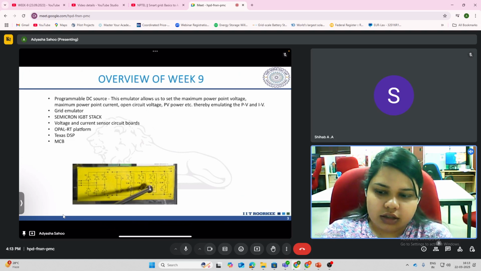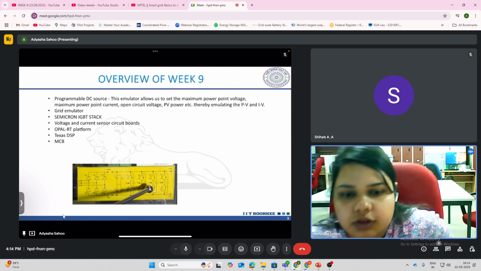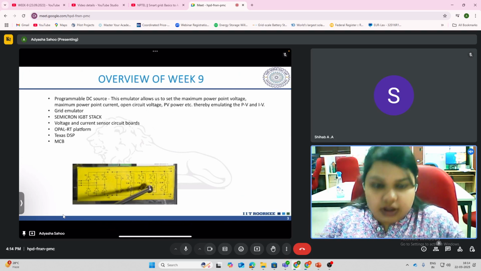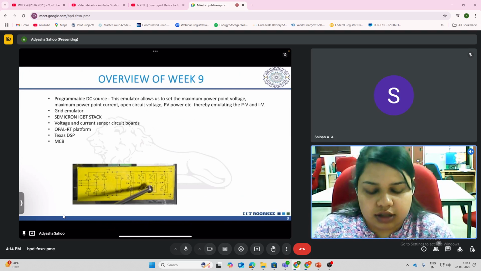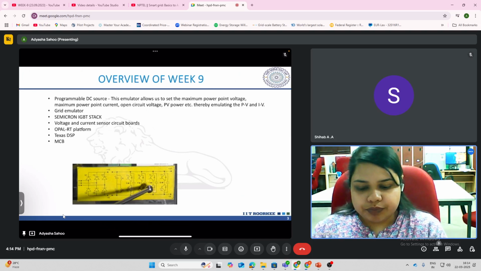After these three demonstrations, we will briefly see the control strategy in a hybrid AC-DC microgrid. And then in the next weeks, we'll discuss those control strategies in detail.